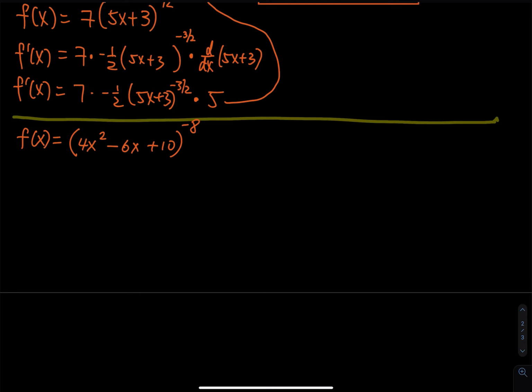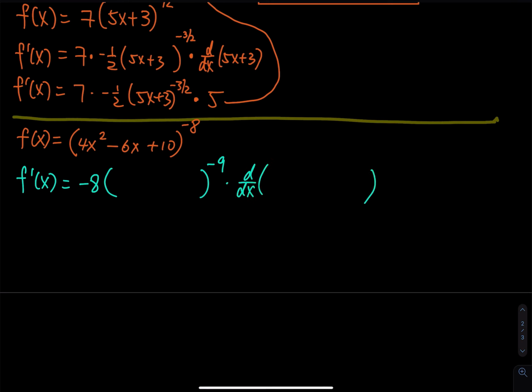So the outer layer is negative 8, and then we have a parabola inside the negative 8th power. f prime of x equals, you bring the negative 8 down, and treat everything inside as one piece, and then negative 8 minus 1 is negative 9. Using the chain rule, you have to take the derivative of the parabola.